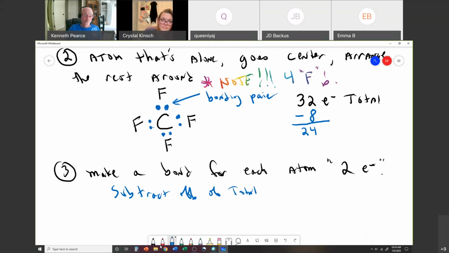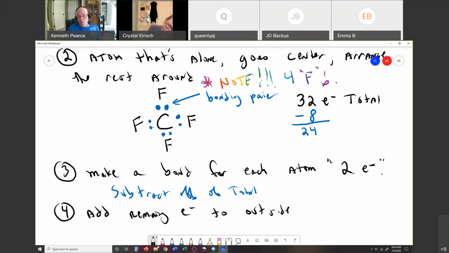Now, step 4. Add remaining electrons to outside atoms, up to 8. Okay, up to 8.